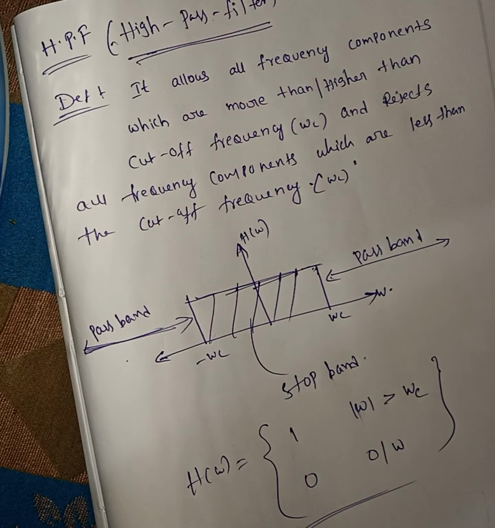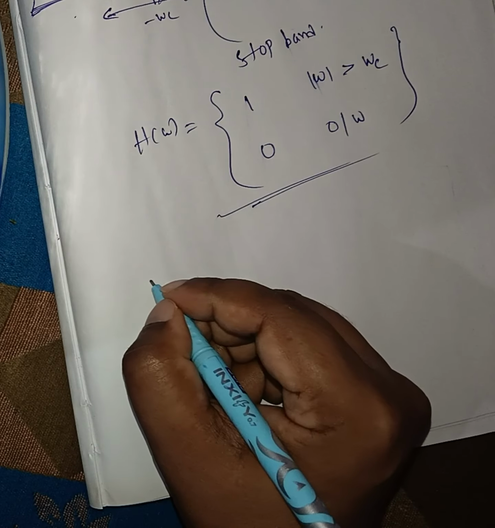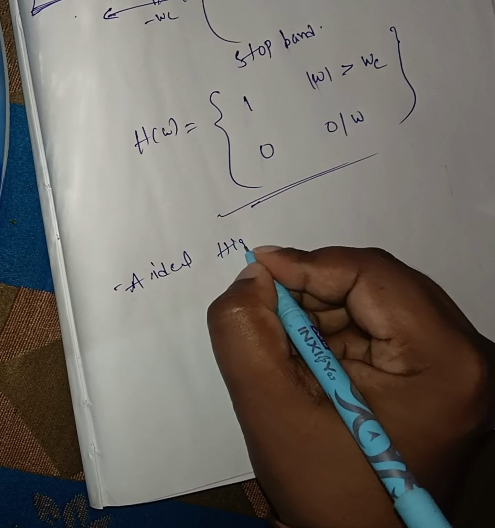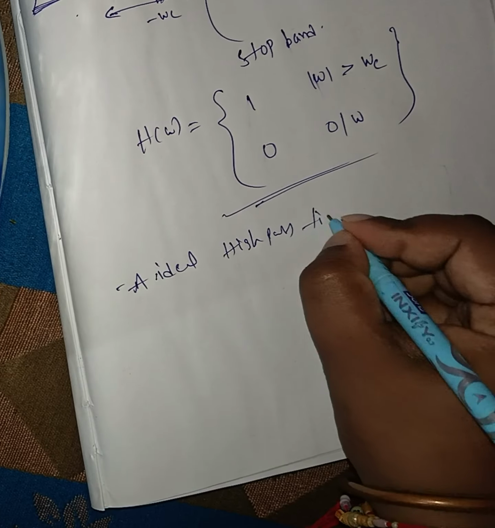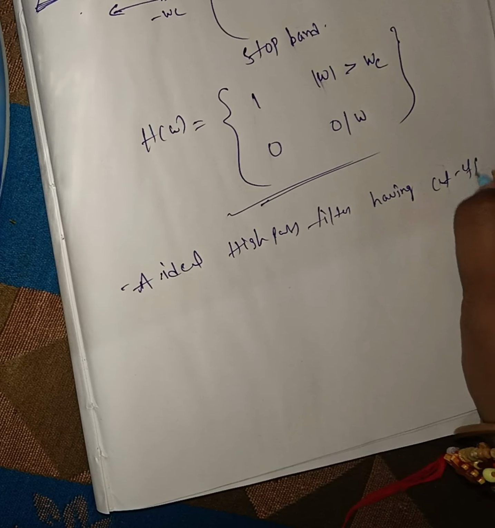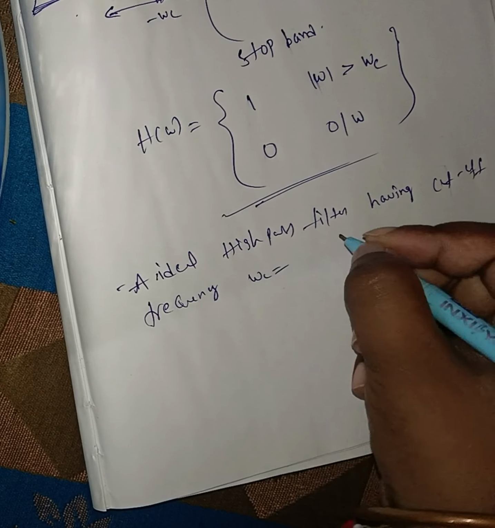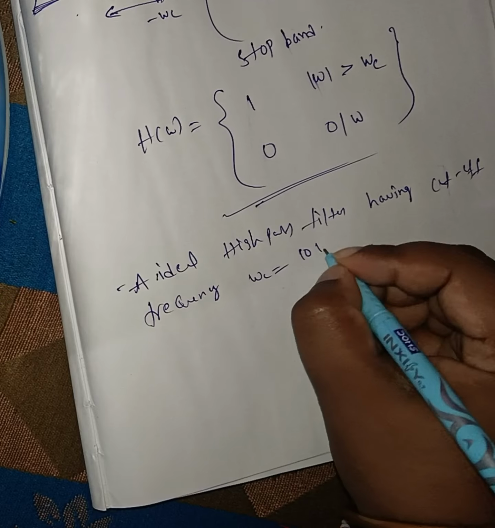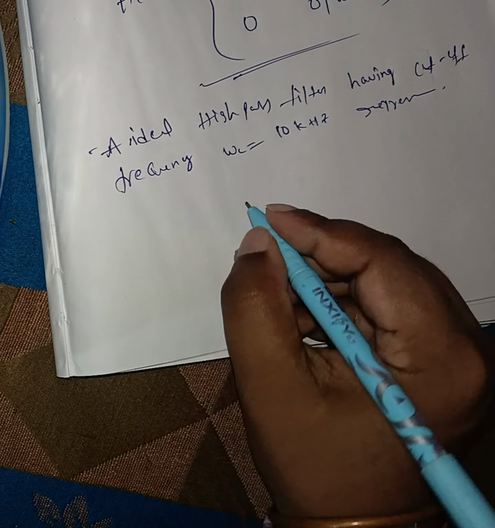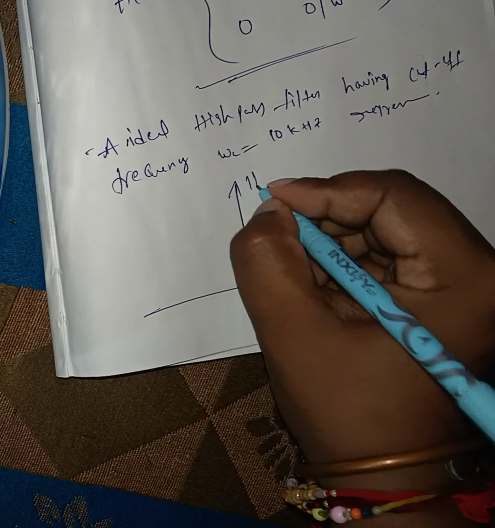For example, if a question is given like an ideal high pass filter having cutoff frequency omega c equal to 10 kilohertz, represent graphically, it may be asked for 2 marks. Then this is omega, this is H of omega.